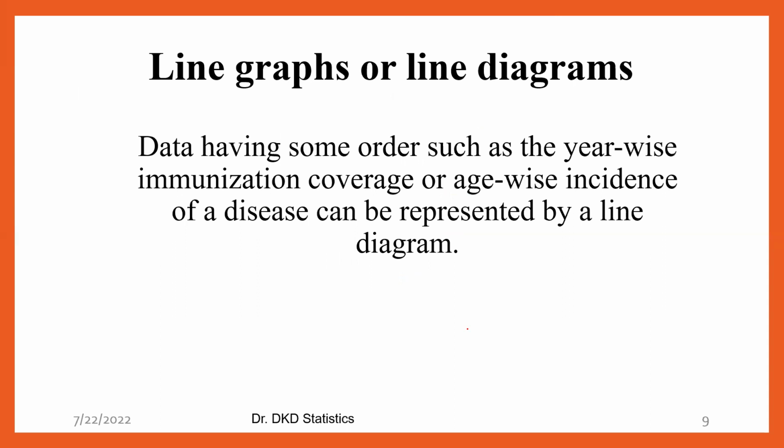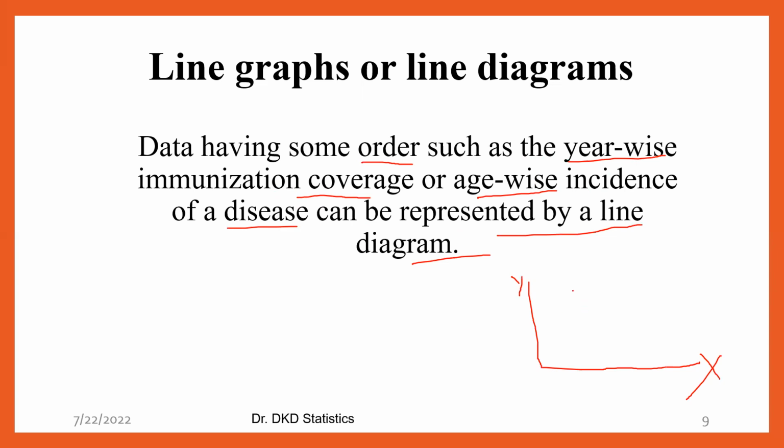Line graphs or line diagrams we can create for data having some order, such as year-wise immunization coverage or age-wise incidence of disease, which can be represented by a line diagram. In a line diagram, this is the vertical line and this is the horizontal line; this is the x-axis, this is the y-axis.